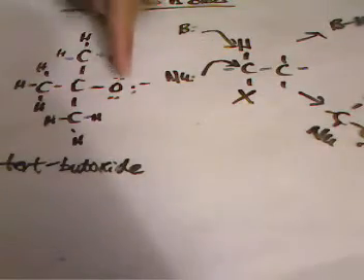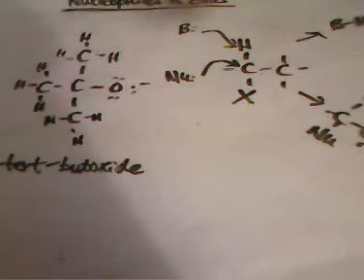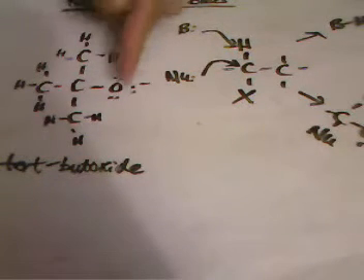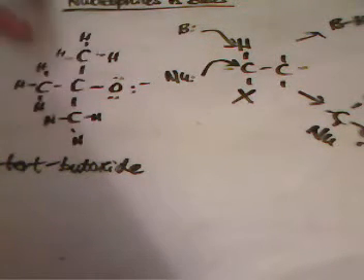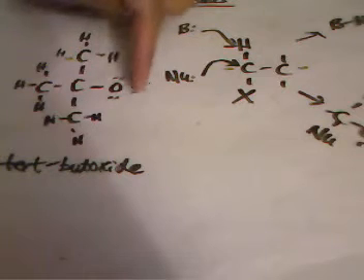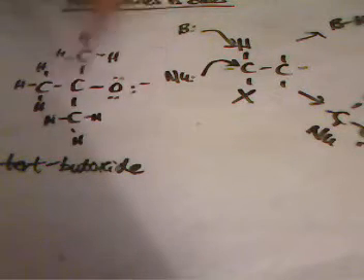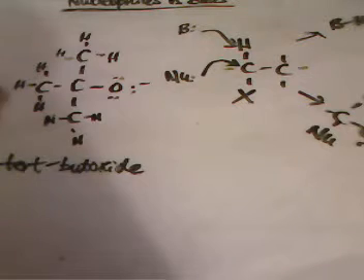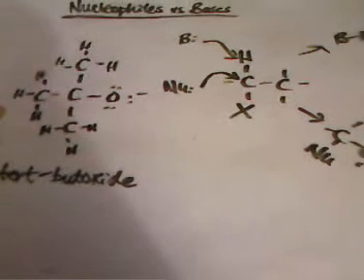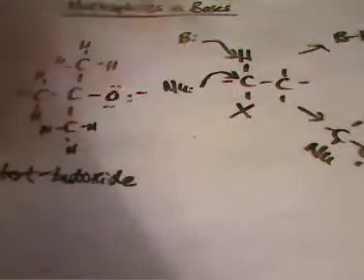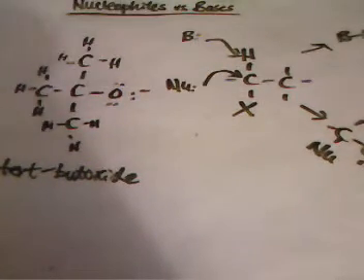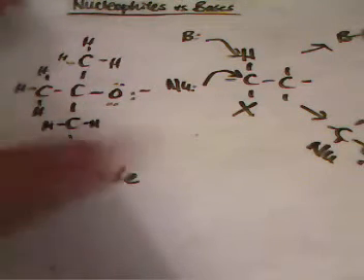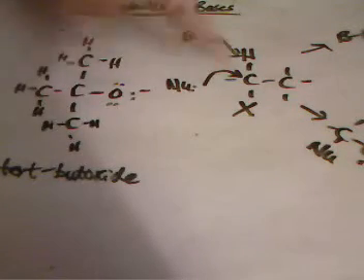Once one of these lone pairs attacks, the proton is going to become attached to the oxygen, and a proton is relatively small compared to this bulky group, so it does not take up a lot of space and can easily become incorporated in this molecule. Now, if this molecule was to act as a nucleophile, this whole molecule would need to attack the carbon, to which the electronegative leaving group is attached. This group would need to attack the carbon and remain attached to the carbon skeleton, to the substrate.